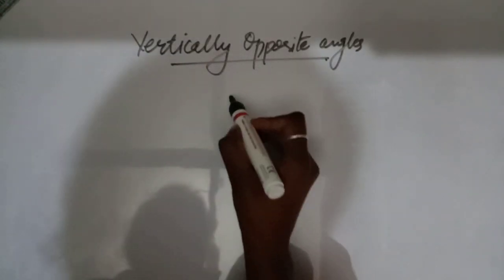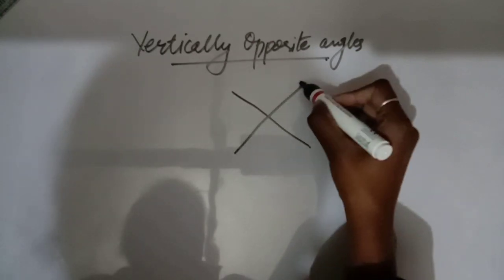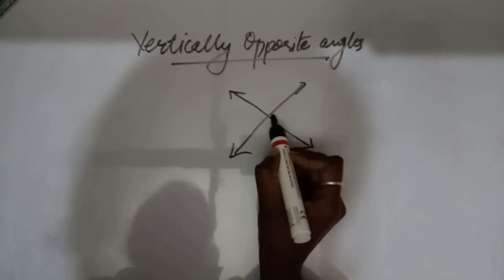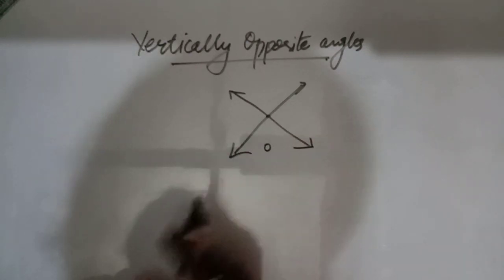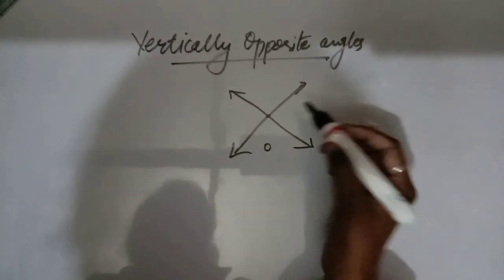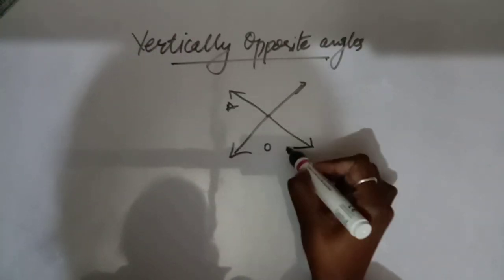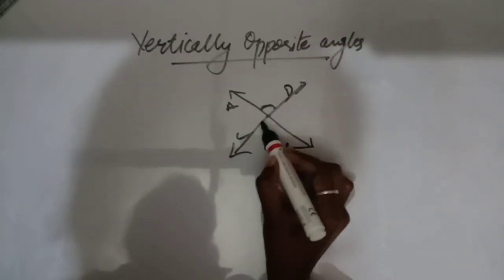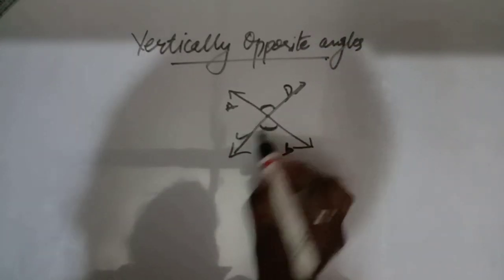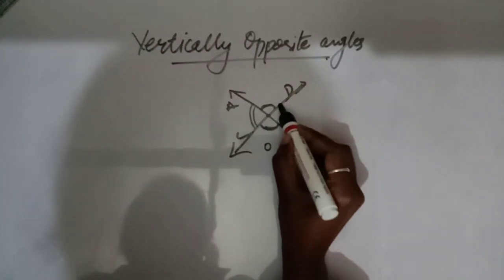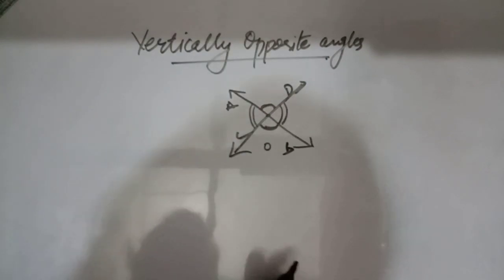Whenever two rays intersect each other, for example, these two rays are intersecting each other at a point O, then it forms two different pairs of vertically opposite angles. This angle is vertically opposite to this angle, and this angle is vertically opposite to this angle.